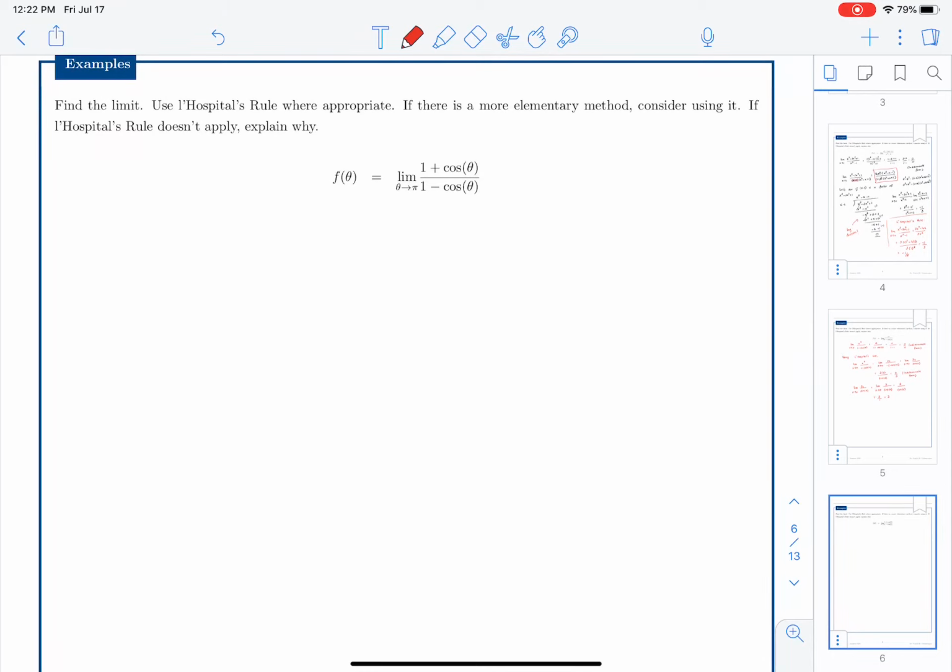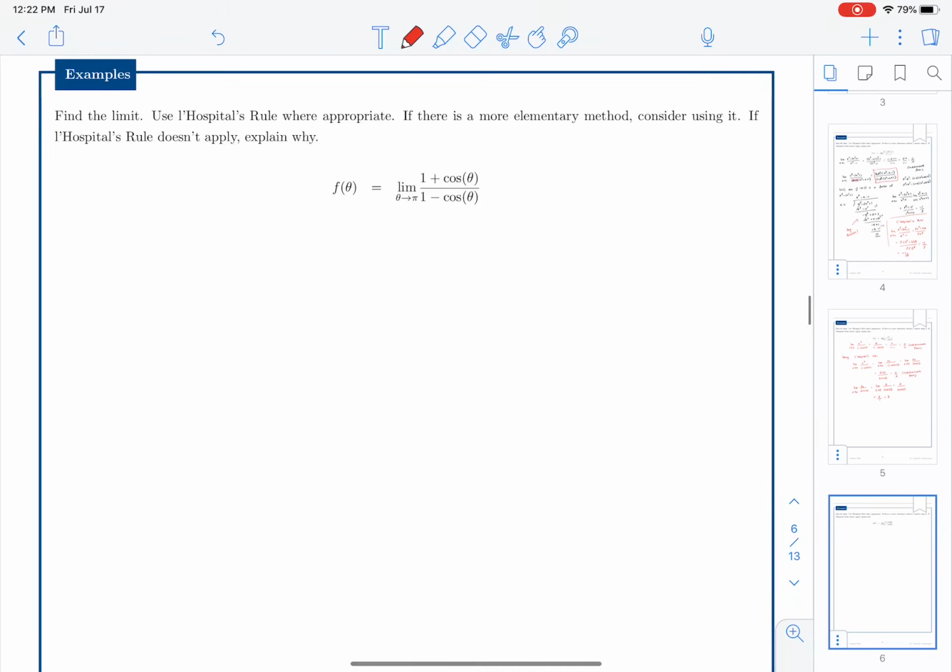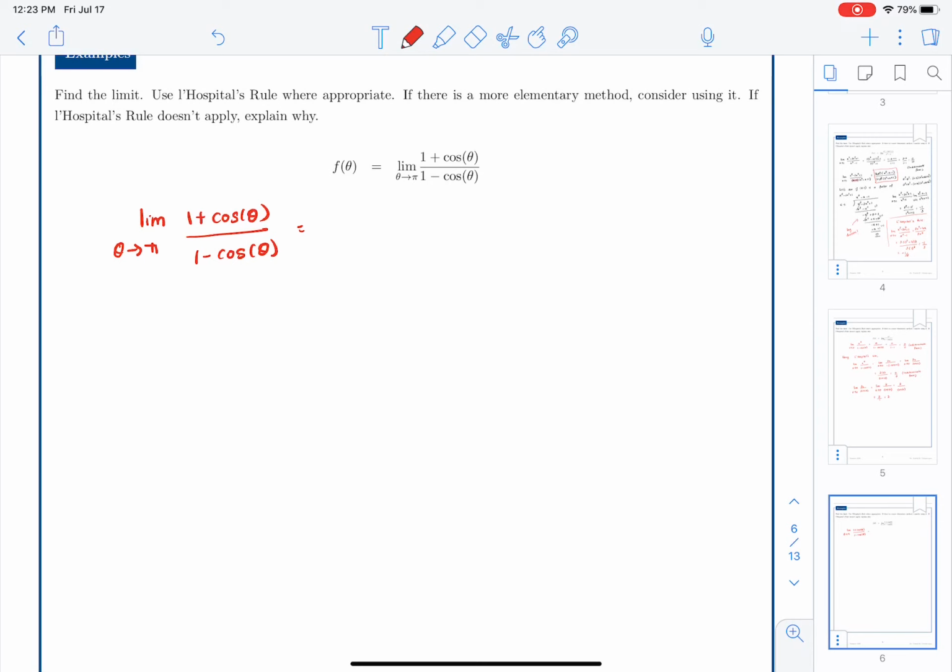So here we have a case where first we've got to determine whether this is in fact an indeterminate form. So let's apply the limit. We have 1 plus cosine pi divided by 1 minus cosine pi.